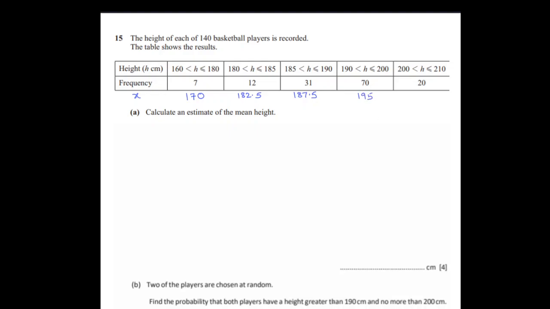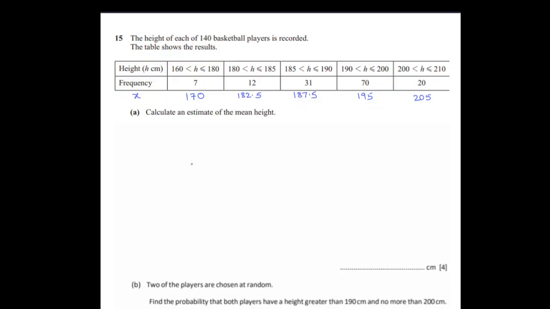Next, 200 plus 210 divided by 2, 205. So these are the values we get for each class.